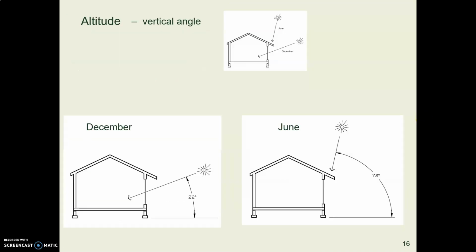So what we found is that in December, the sun is low in the sky. It's at 22 degrees. And in June, it's high in the sky. It's at 78 degrees. So what does that mean for us?